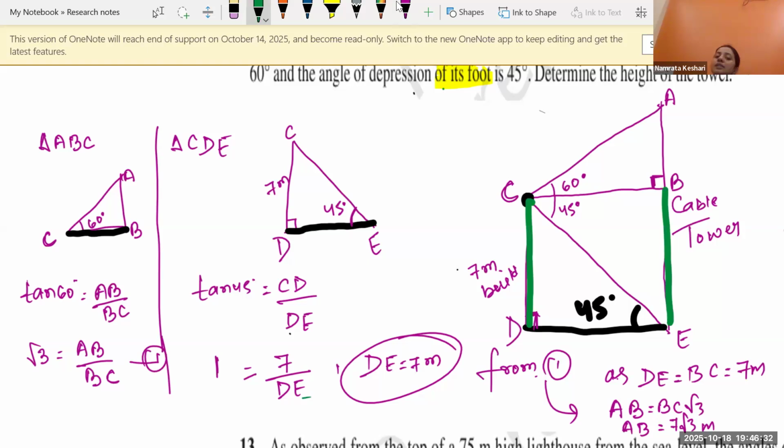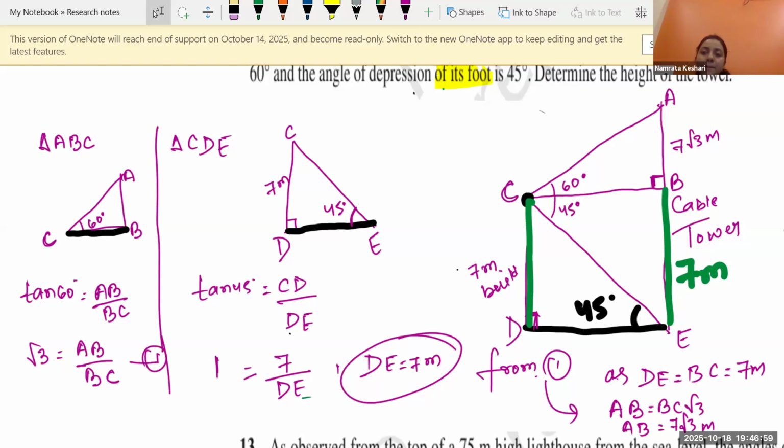So if CD is 7 meter, BE will be 7 meter. And AB just now we have found as 7 root 3 meter. And we have to find the complete height of the tower. That means 7 plus 7 root 3. Making sense? Is it clear, Afshin and Salva?